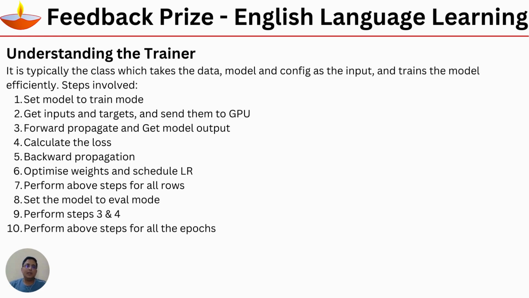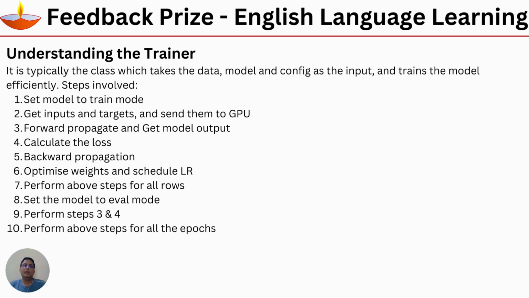Okay, so let's understand the trainer a little better. It is typically a class which takes the data, model, and config as the input and trains the model efficiently. There are several steps involved in it. It first starts by setting the model to the train mode. We get the inputs and the targets and we send them to the CUDA or GPU.